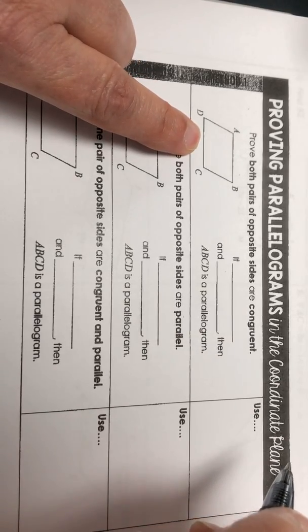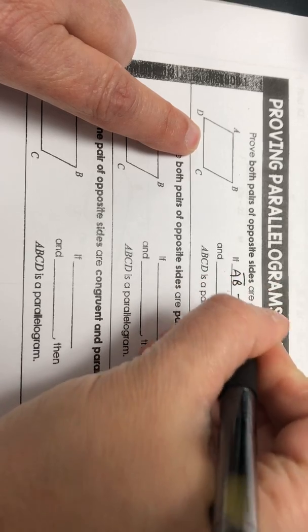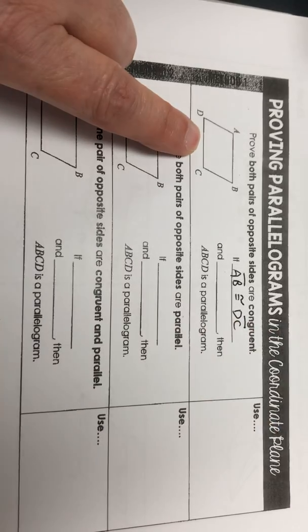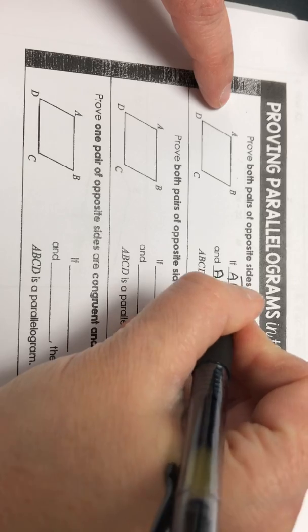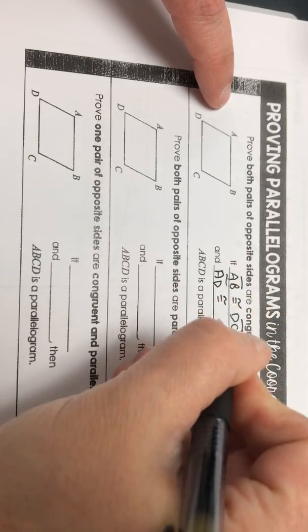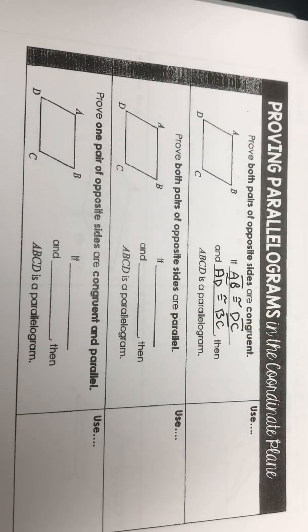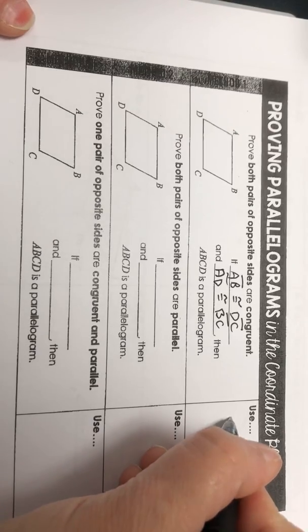So using our picture here, we would have to show that segment AB is congruent to segment DC and segment AD is congruent to segment BC. Then we know that ABCD is a parallelogram. If you're working in a coordinate plane, you would use the distance formula.